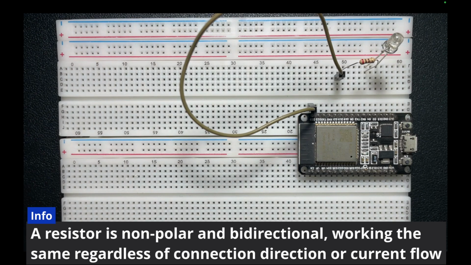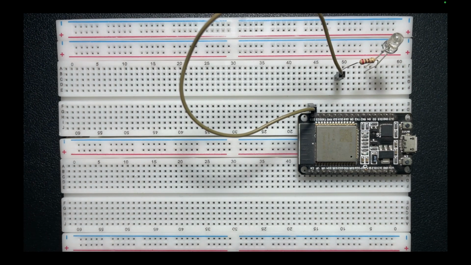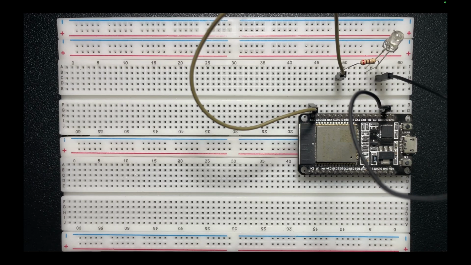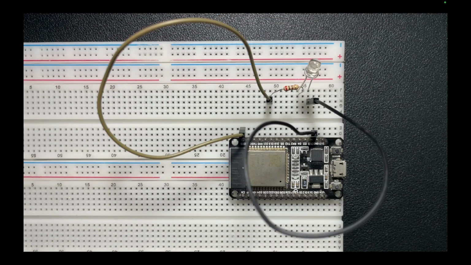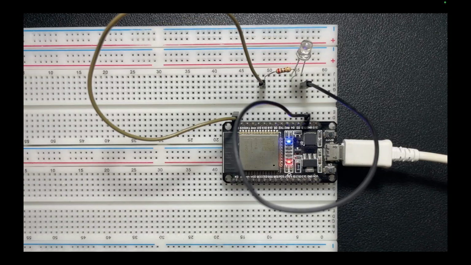You then connect pin number 23 to the other end of the resistor and the other leg of the LED to the ground. This is how your circuit should look. And once you're done with that, you can connect your ESP32 to your laptop. Let's program the ESP32 now.